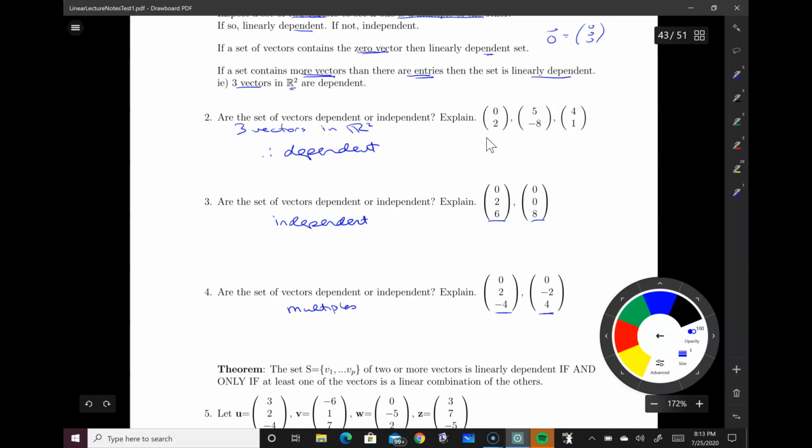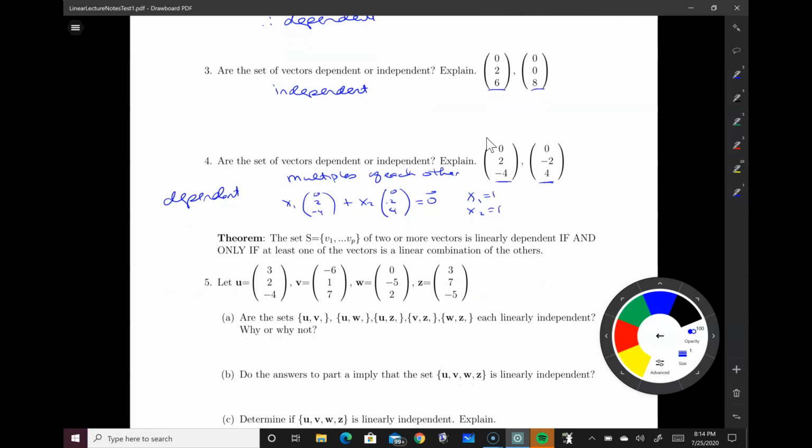So if they're multiples of each other, what that means is I can have an x1 times this vector plus an x2 times this vector, and that will get me to the 0 vector. So there's a solution other than x1 and x2 equaling 0. I can see if I let x1 equal 1 and x2 equal 1 that this will work. So that means that they're dependent. There's a relationship between them.